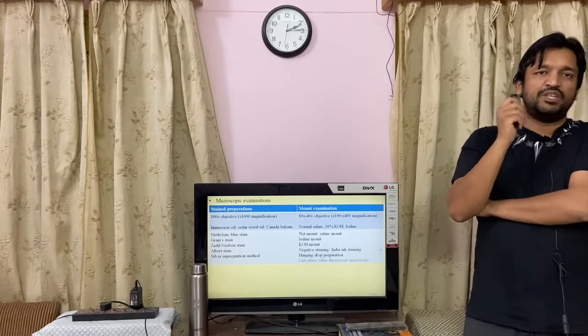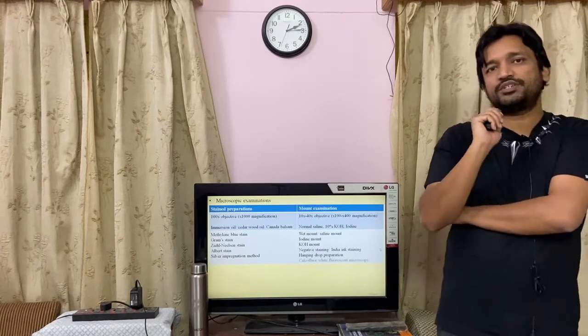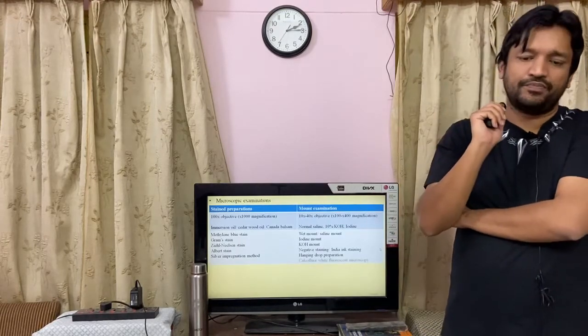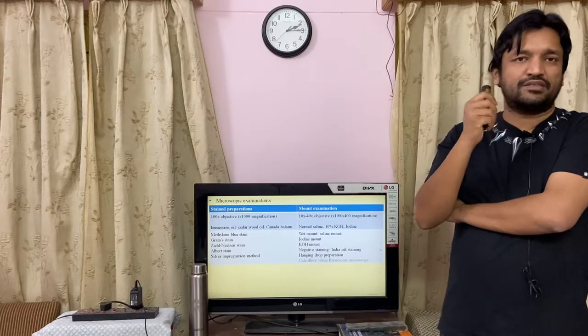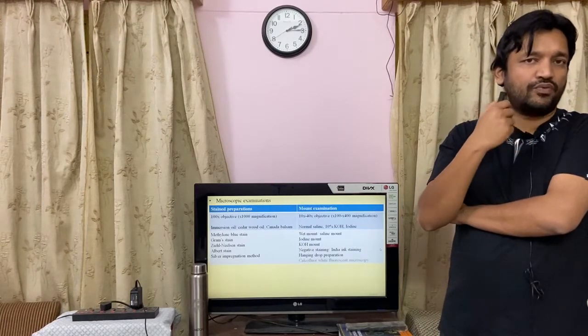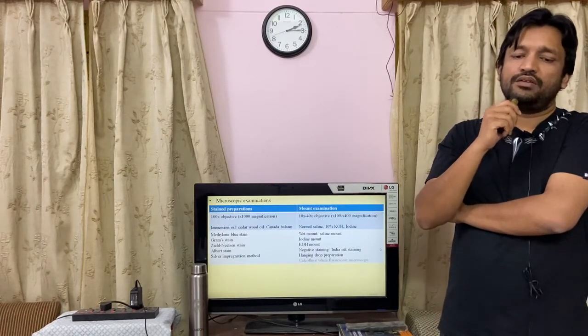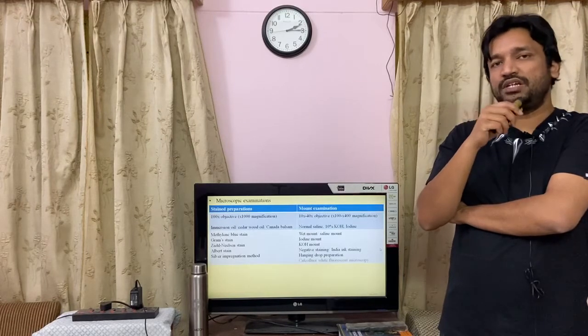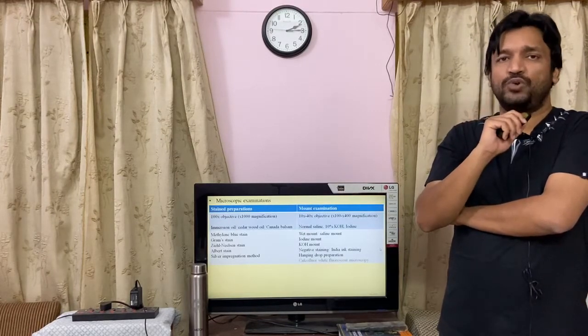KOH examination is done for demonstration of fungal elements. Negative staining, India ink staining, is used for demonstration of capsule. Then hanging drop preparation is done to see the type of motility.